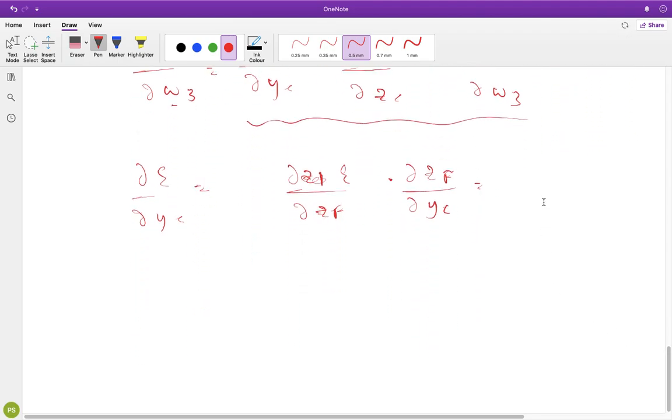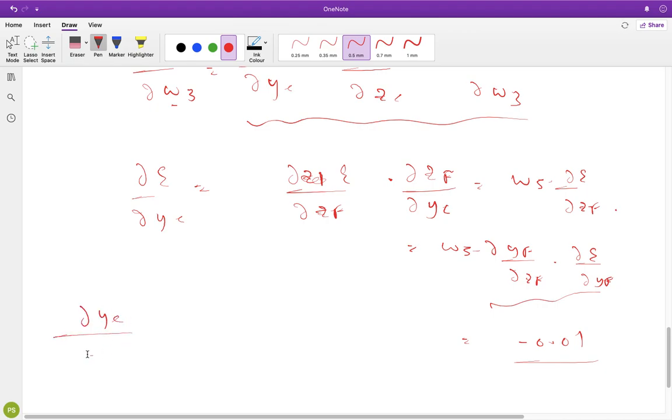Since we calculate the derivative with respect to yc, the other term is a constant, so this becomes w5 times dE by dzf, and further we can simplify this as dyf by dzf and dE by dyf. When we plug in all these values, we get minus 0.01.